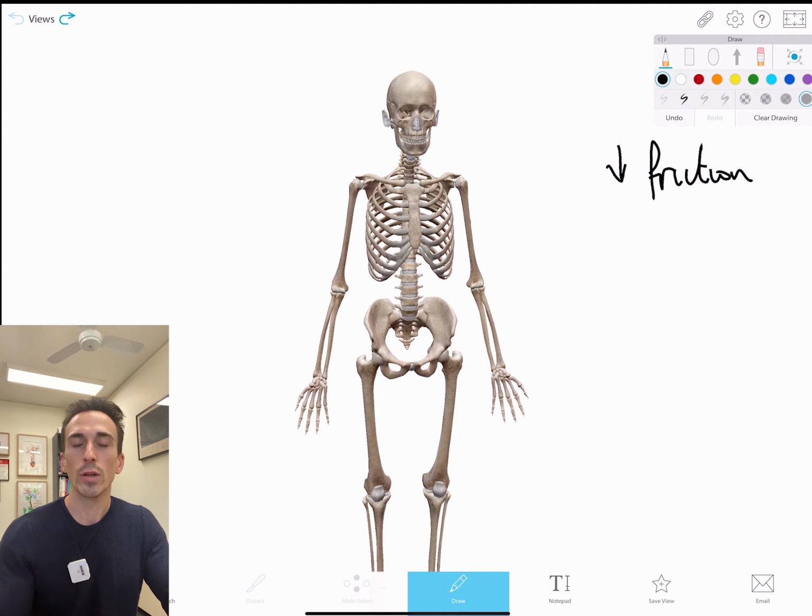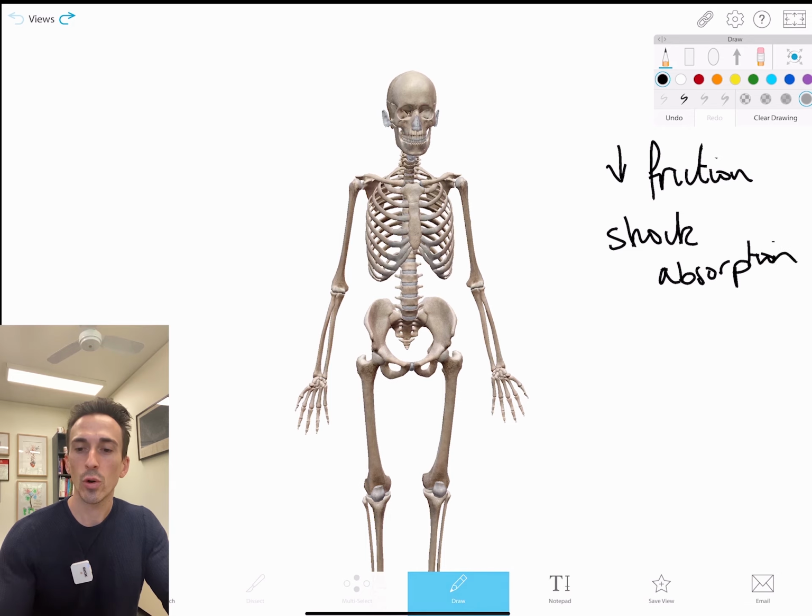That's the first thing, when 2 surfaces are rubbing, but it's also a shock absorber. So if we're going to highlight all the functions: reduce friction, shock absorption, but also a malleable bit of connective tissue.